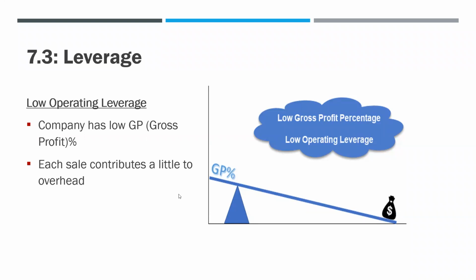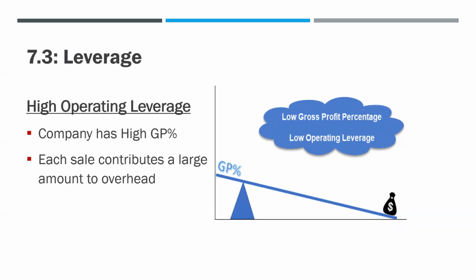And those industries are deemed to be lower risk than those with high operating leverage. So that's a company that has a high gross profit percentage. And we'll look at a little example here in a few, where each sale contributes a large amount to overhead.